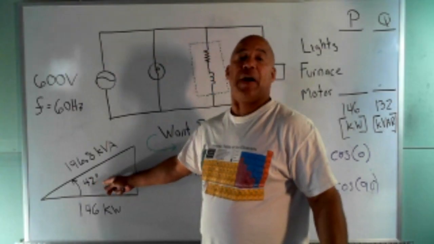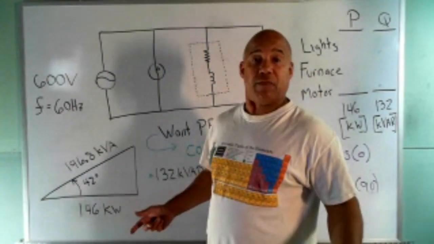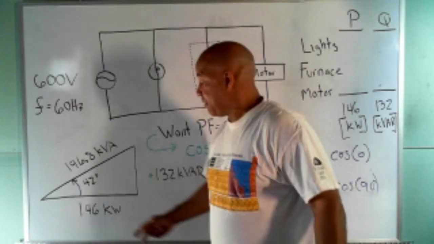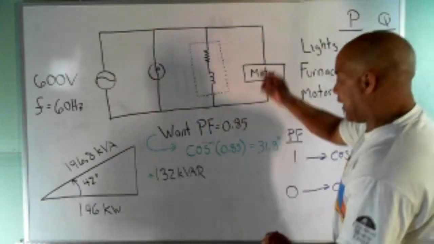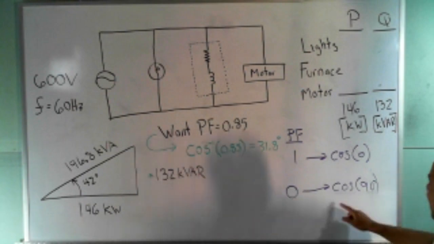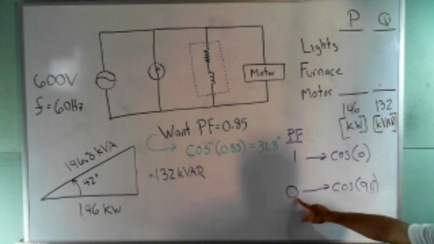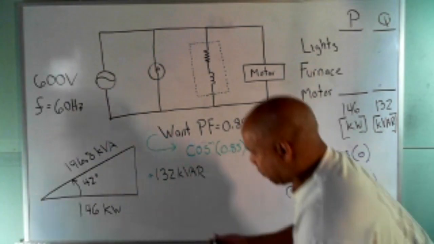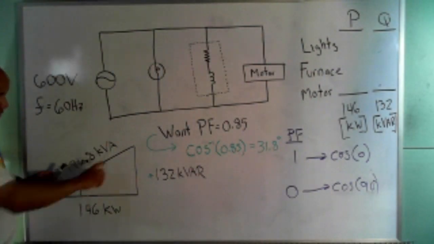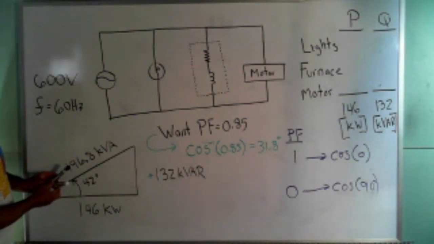You take the inverse of the power factor, you get the angle between the voltage and the current. So this angle in here, the inverse of the power factor, tells us the closer that angle is to 90, the closer we are to 0 over here. The closer this angle right here is to 0, the more I can bring that side down to get this angle smaller.